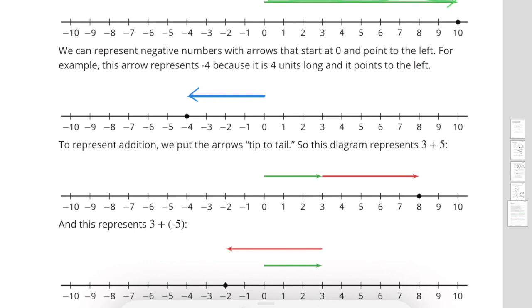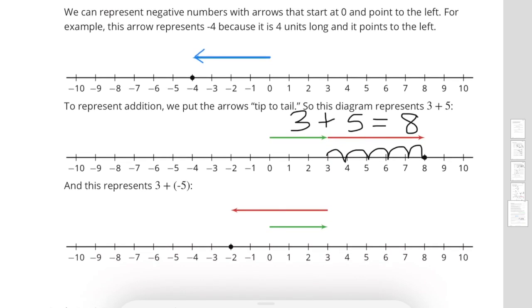This diagram tells me that first I went from 0 to 3. And then I moved to the right, so I'm adding a positive number. I moved 1, 2, 3, 4, 5, so I moved 5 spaces to the right. And I landed at positive 8.